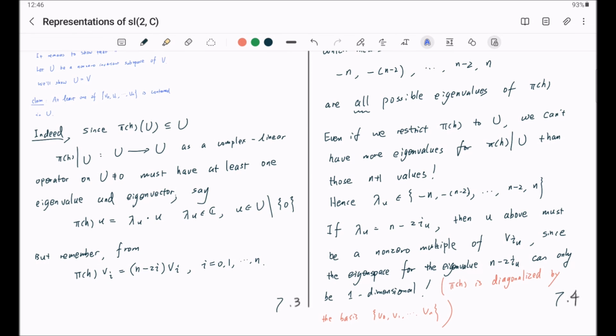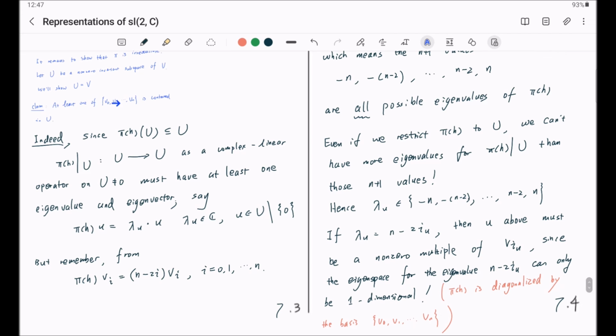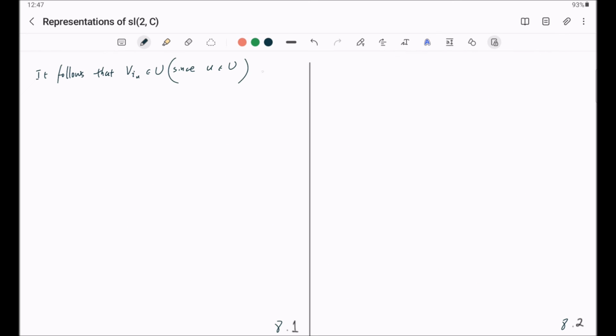It follows that this v_{i_u}, as a non-zero multiple of u, must also be in the vector space U. And this verifies our claim here, that at least one of those n plus 1 vectors is contained in U.